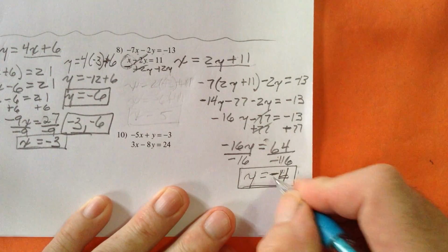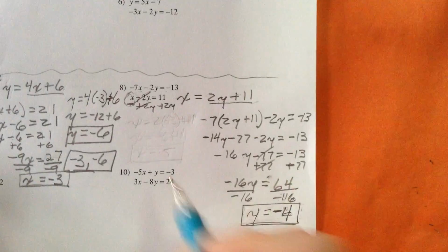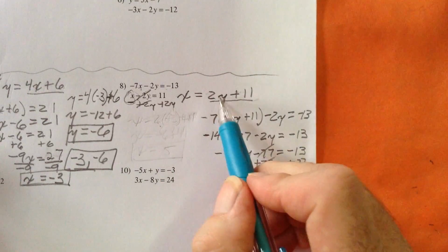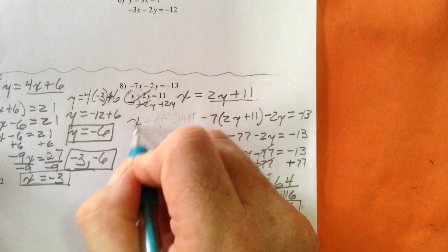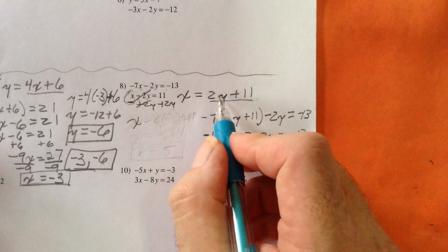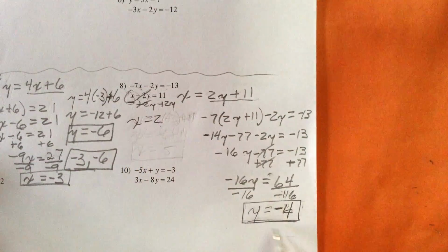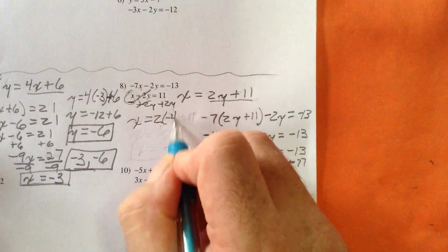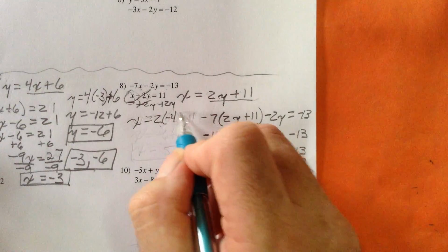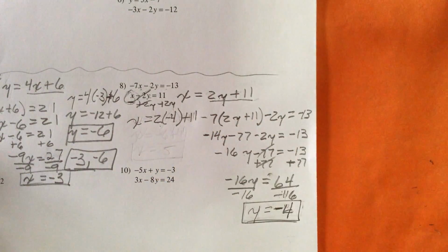So, the next step then, I can substitute that in for the y up in this one. To find the x, I can go x now equals 2y, which is negative 4, plus 11.